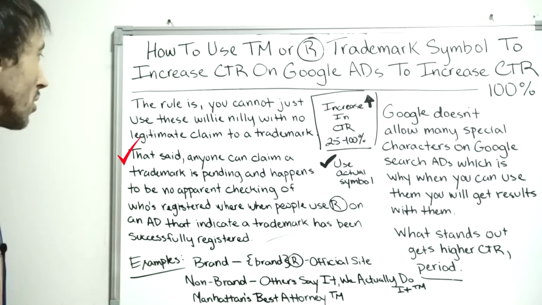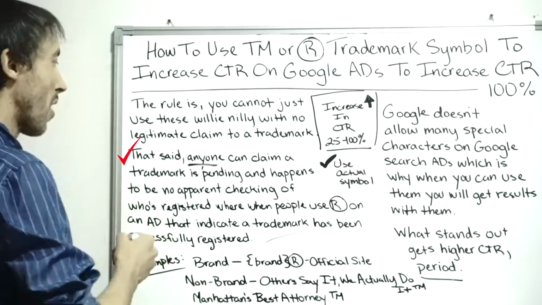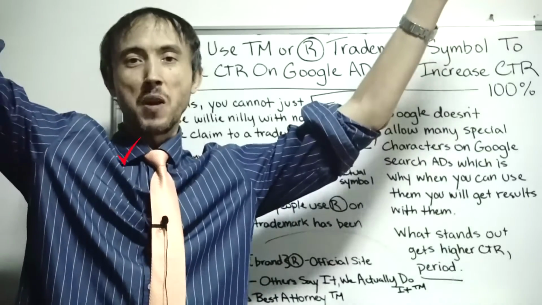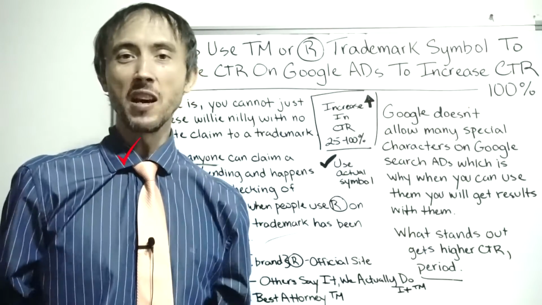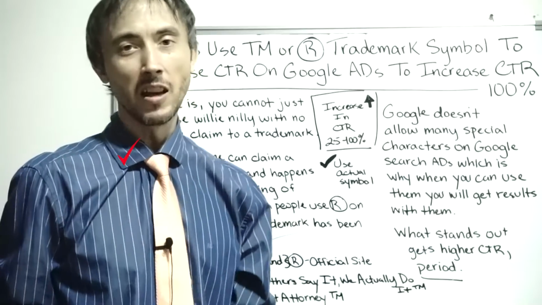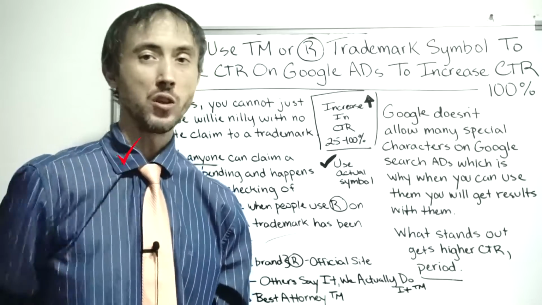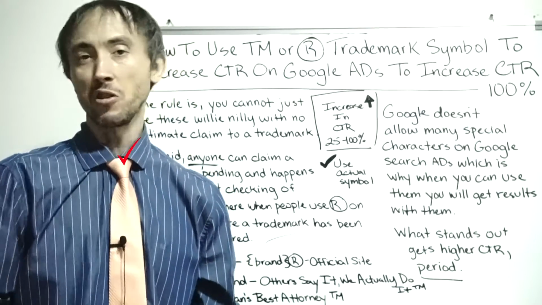However, anyone could claim a trademark is pending. I could say, Corey Zyman is the biggest stud in the world, trademark pending, and nobody else can use that claim anymore without potentially having me sue them once I've got that trademark pending. It's just like patent pending.